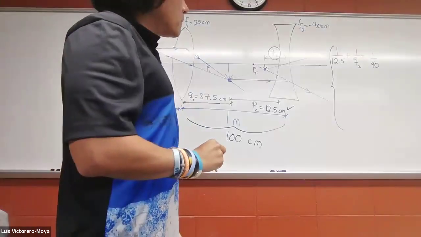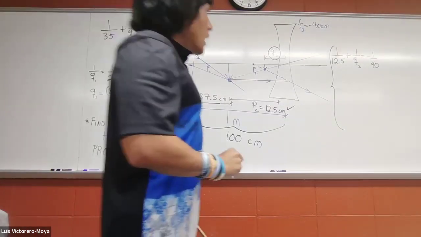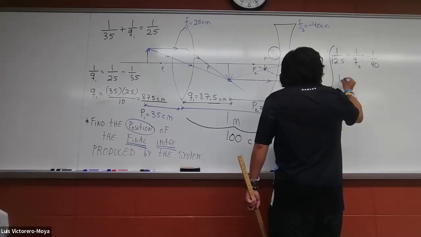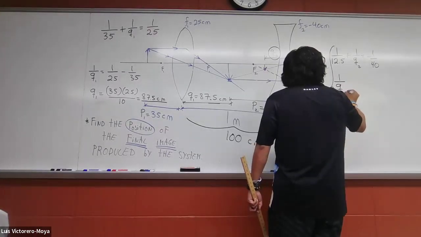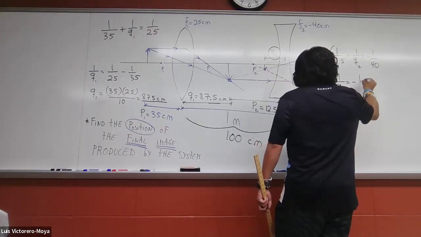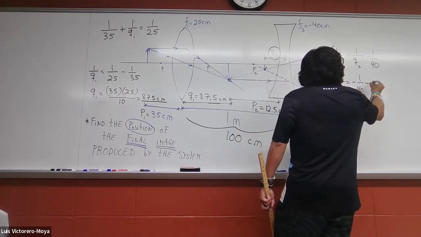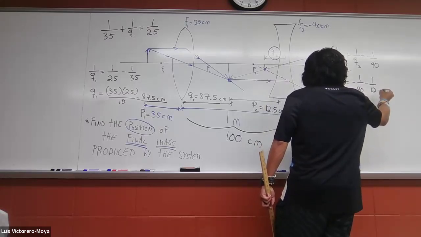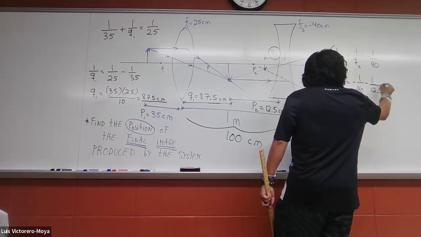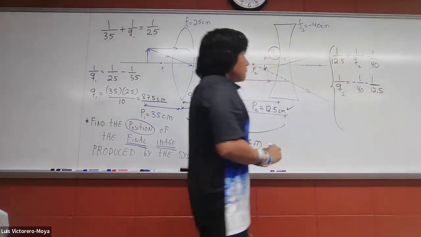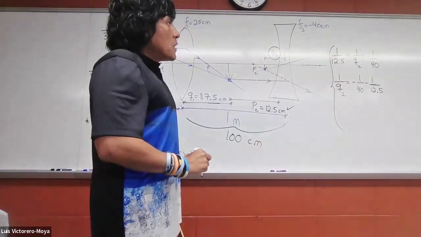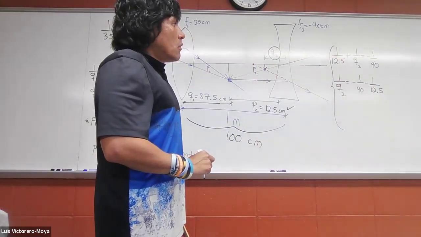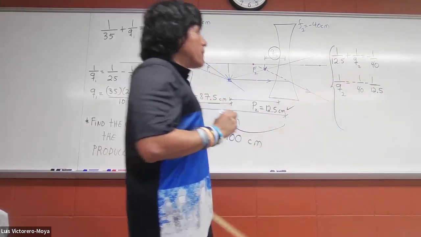You see that in there? 1 over Q2 is minus 1 over 40 minus 1 over 12.5. So, look, how do you do the math here?